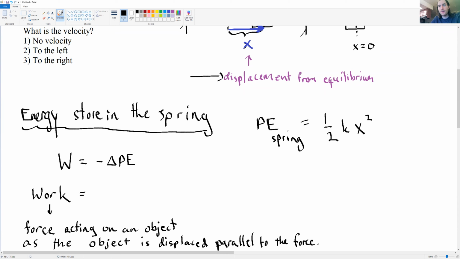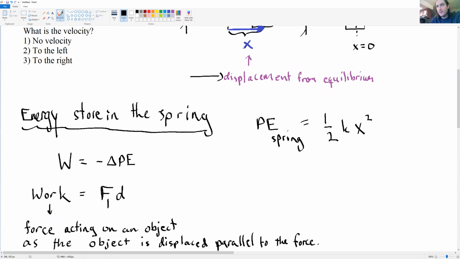So work then is force times displacement, delta x. Okay, now I'm just getting crazy here. Let's just have the formula here because I don't want to use too many words. So force times, I said displacement, it could be distance.